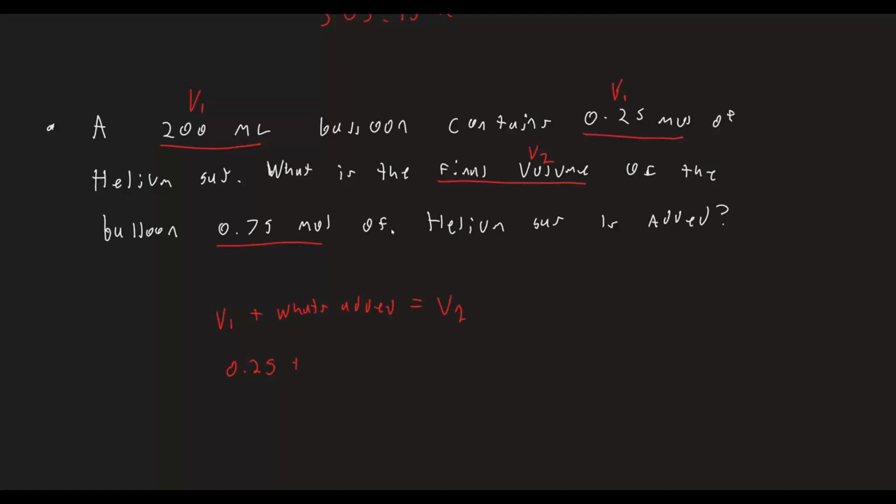What was added was 0.75, which means we now have 1 total. So this is what V2 actually is. That makes sense, right? All right.